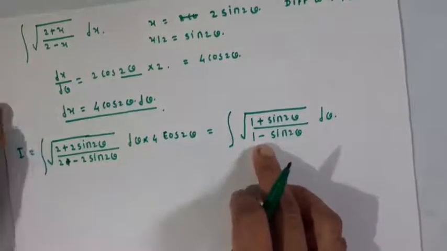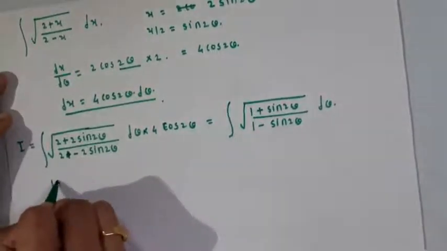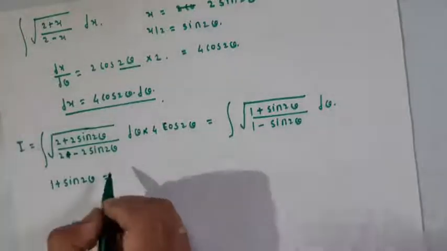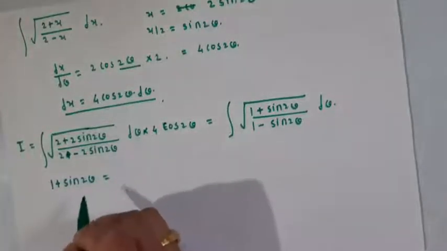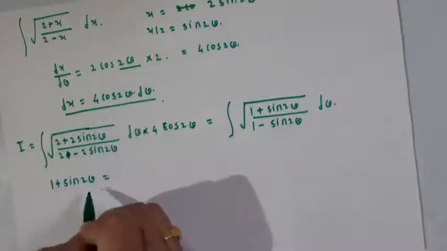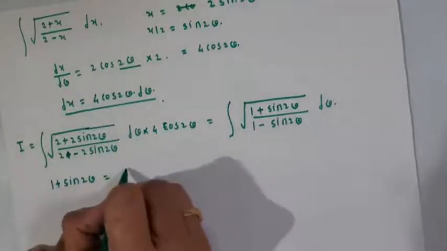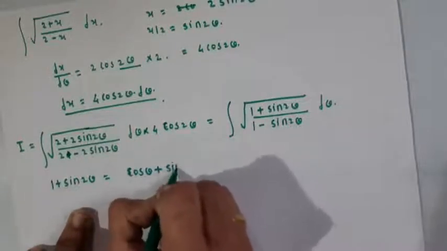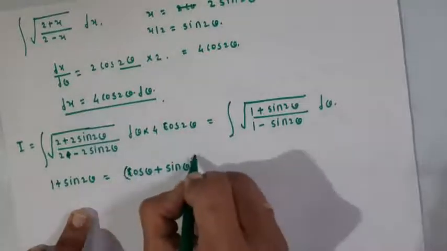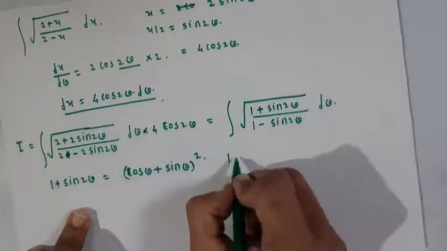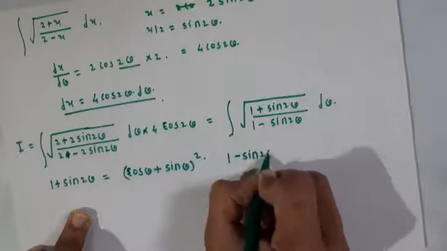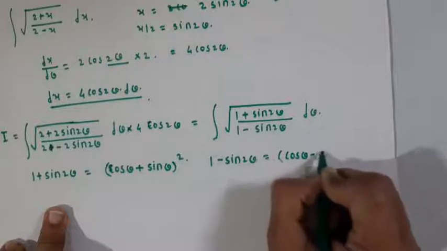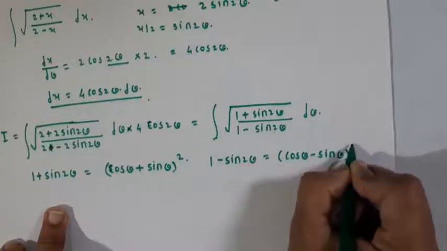And students, we know the simplification of 1 plus sine of 2 theta; in exercise 3.1 we have solved such type of problem. We can write this as cos theta plus sine theta whole square, and 1 minus sine of 2 theta we can simplify as cos theta minus sine theta whole square.